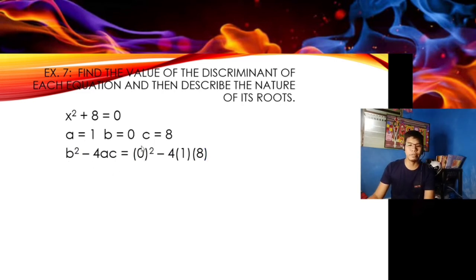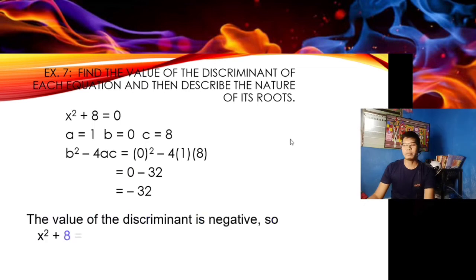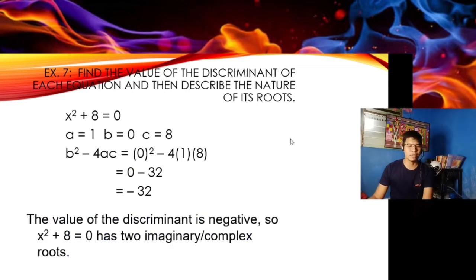We have 0 squared for b minus 4 times 1 for a times 8 for c. Simplify, we have 0 minus 32, and that's why we have negative 32. So the value of the discriminant is negative. So x squared plus 8 equals 0 has two imaginary or complex roots, or simply we can say that this quadratic equation has no real roots.